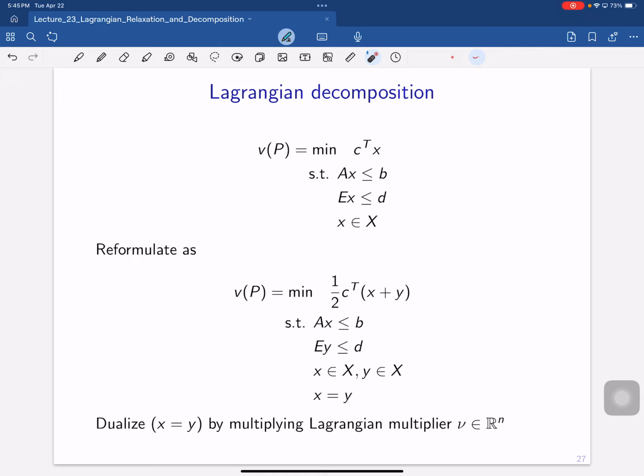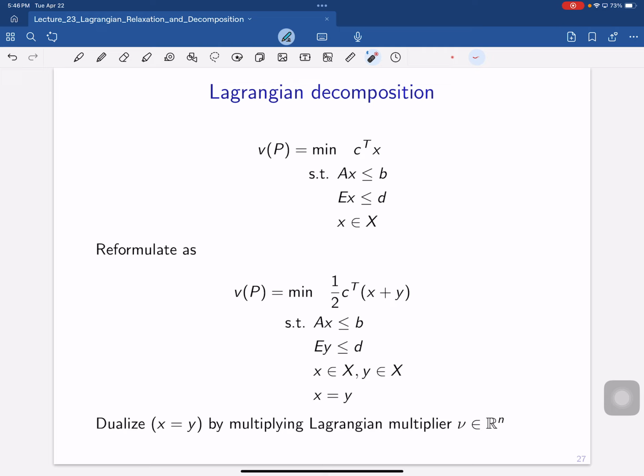Let's say you create a y variable saying that y has to satisfy Ey ≤ d, and x has to satisfy Ax ≤ b, and you implement the integrality constraint for both x and y. Of course, you have to set x equals y for this duplication.